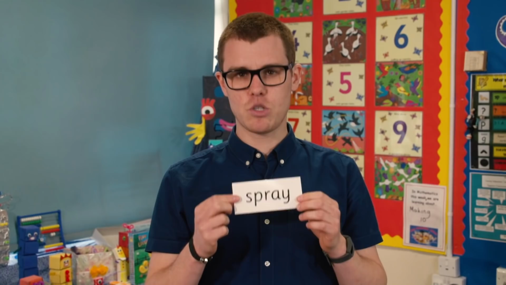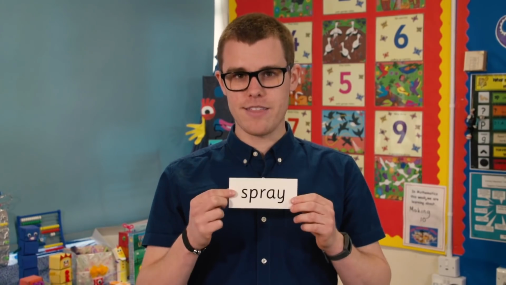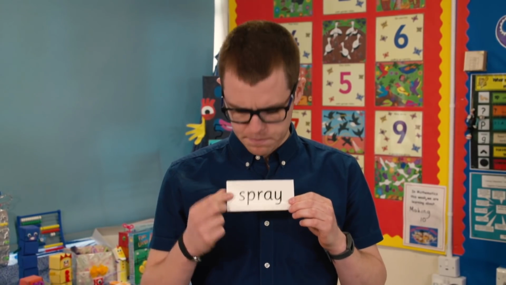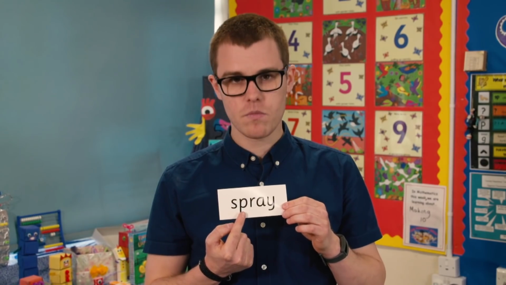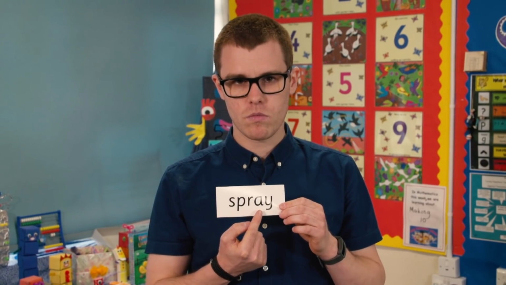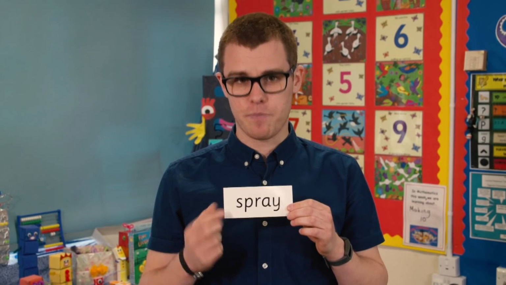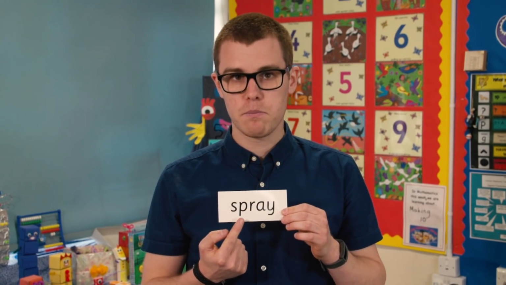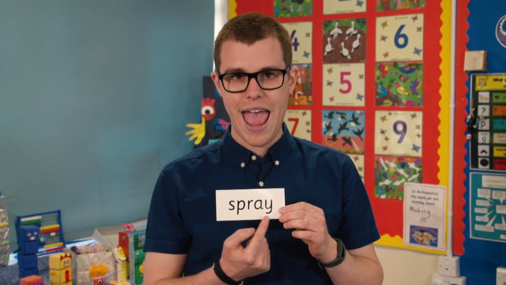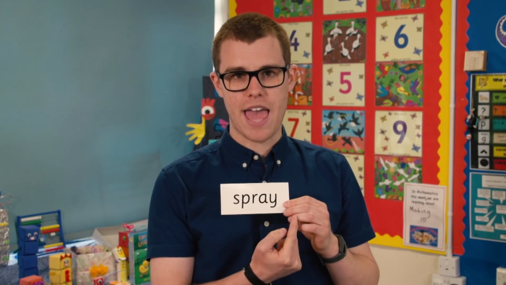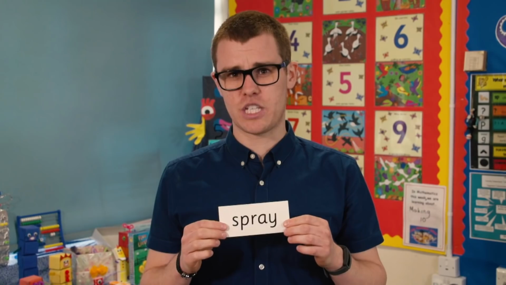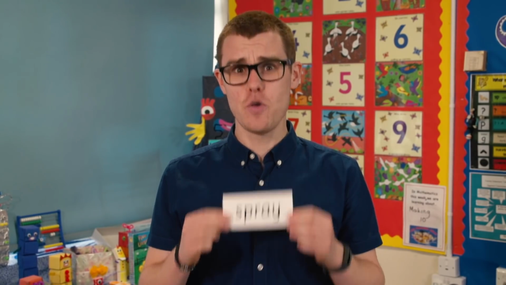Fantastic! Now do you think that you can blend the sounds and read the word? Brilliant! Let's do it together. A. Spray. Water can spray and get us soaking wet.